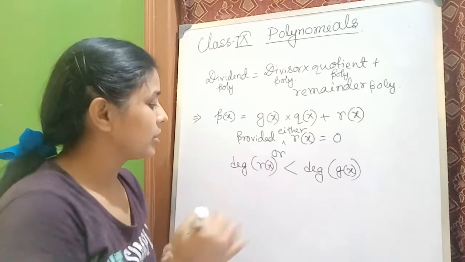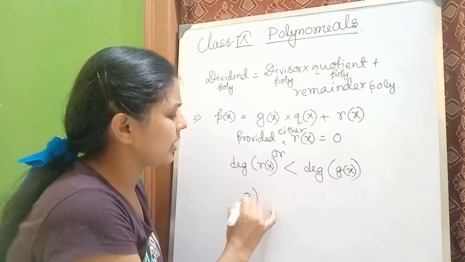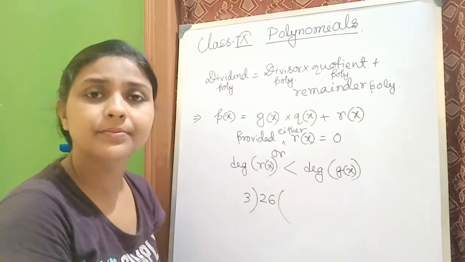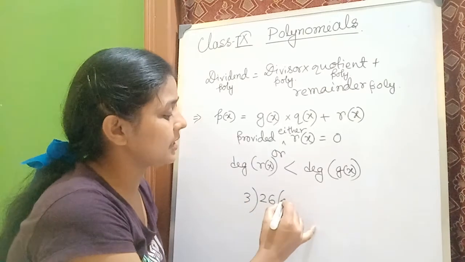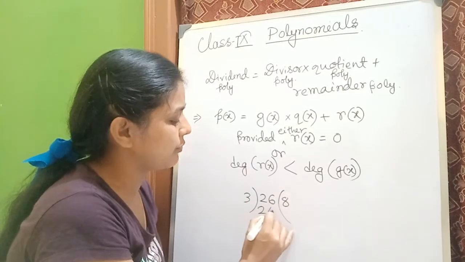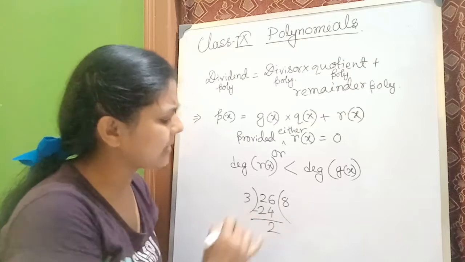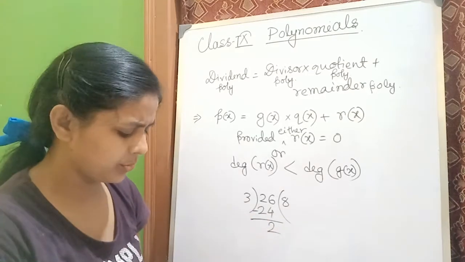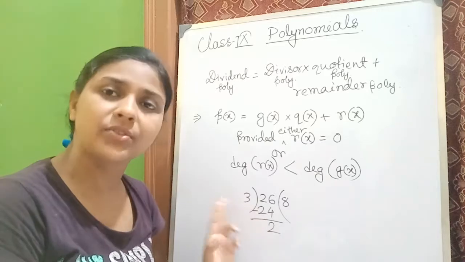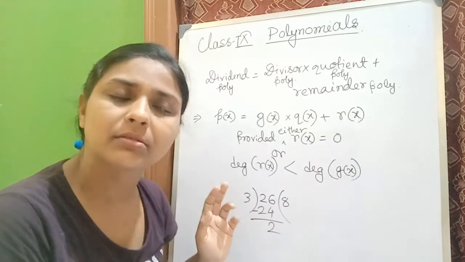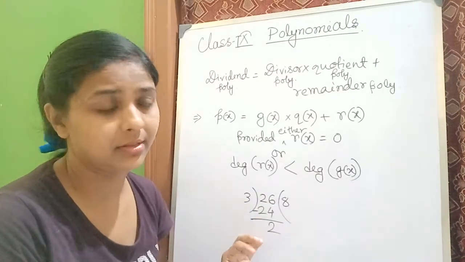Think about a division, suppose 3 and 26. 3 times 8 is 24, and then you are getting remainder 2, which is less than 3, that's why we are stopping the division process here.